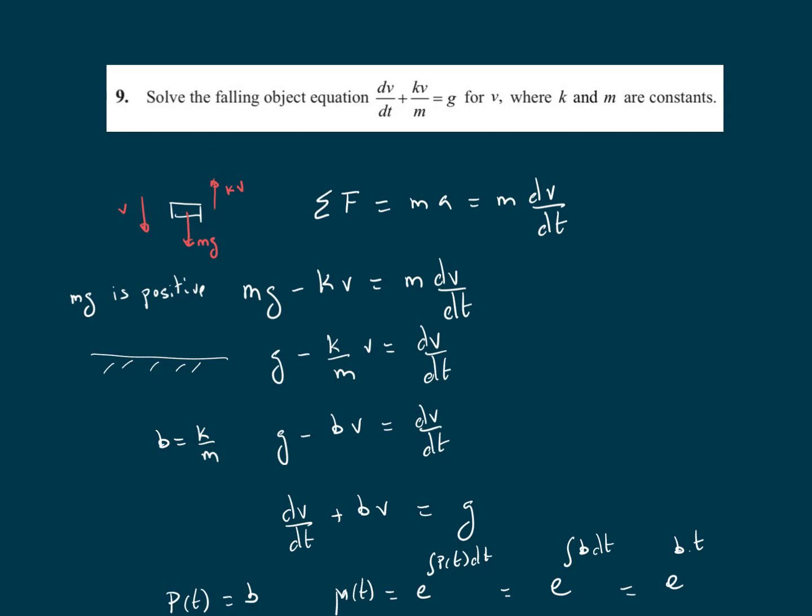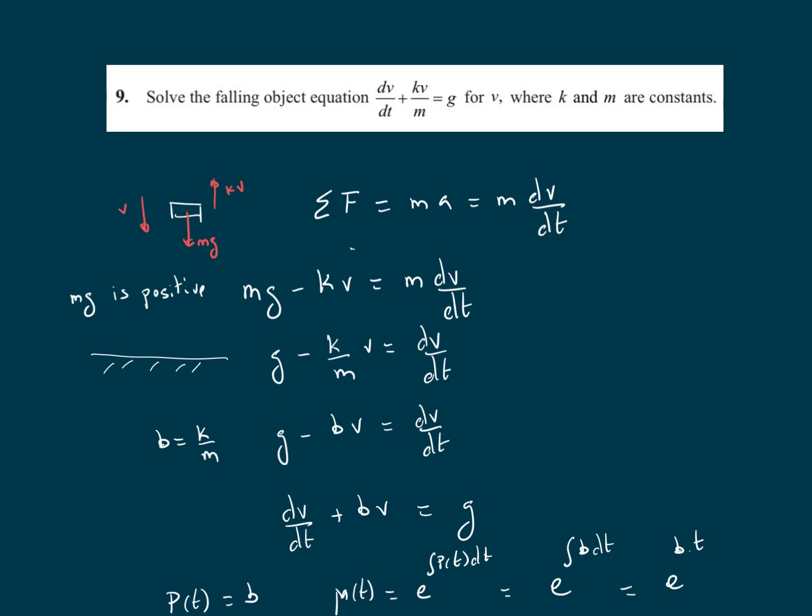So when we have a body that is subject to forces, what forces? The weight, mg, and the friction force. The total force produces acceleration. So the body is being accelerated in the direction where the force is bigger. In this case, the kv is very small at the beginning because the object starts with velocity 0.